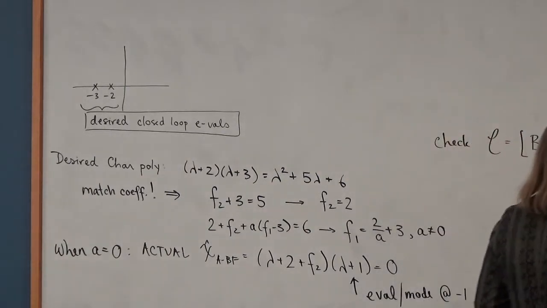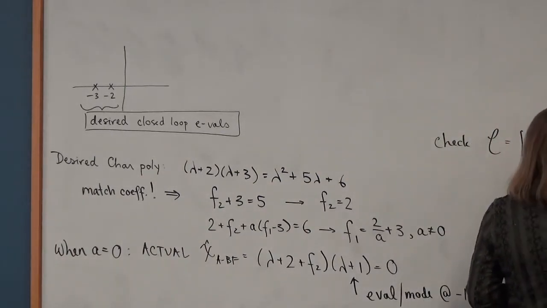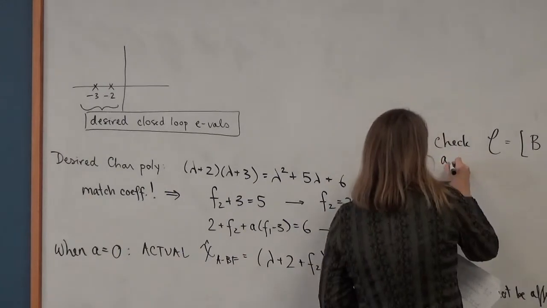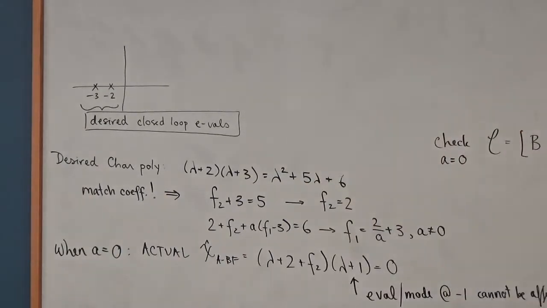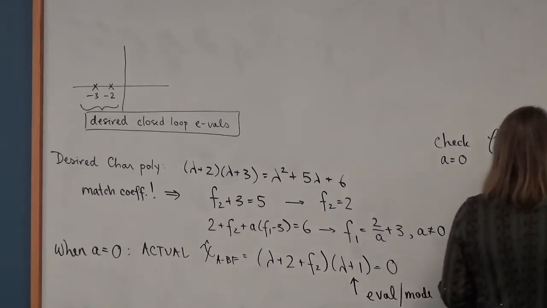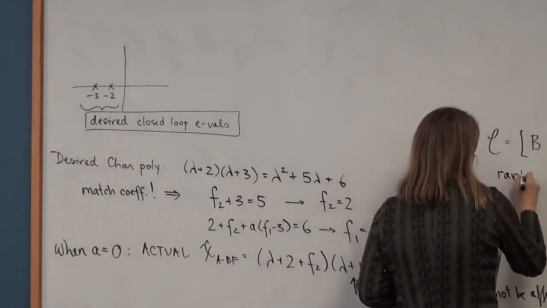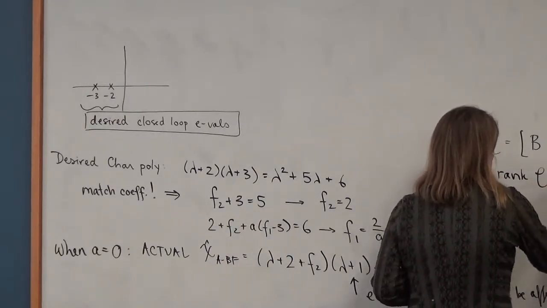So it's 0, 1. And I'm going to consider this case when A is equal to 0. So then AB is just 0. So you see there's a problem there. And over here I get -2. Okay, so the rank of C is equal to 1.